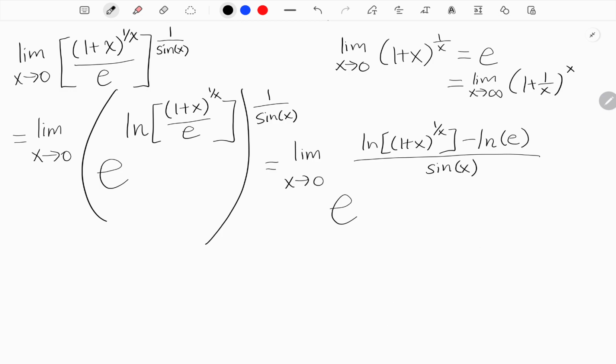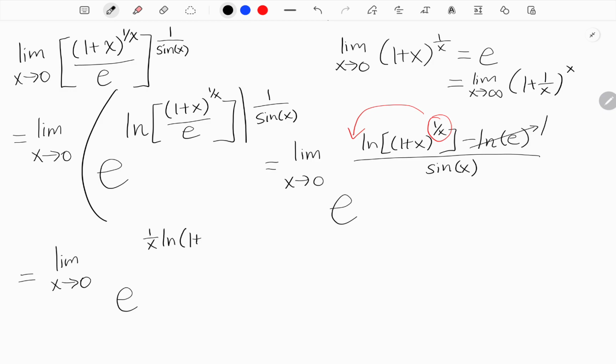So now, right over here, we see that this exponent 1 over x can come down to the front. And of course, ln of e is just 1. e to the 1 gives you e. ln of e is equal to 1. So this is equal to the limit as x approaches 0 of e to the (1 over x times ln of (1 plus x), minus 1), all over sine x, which equals the limit as x approaches 0.